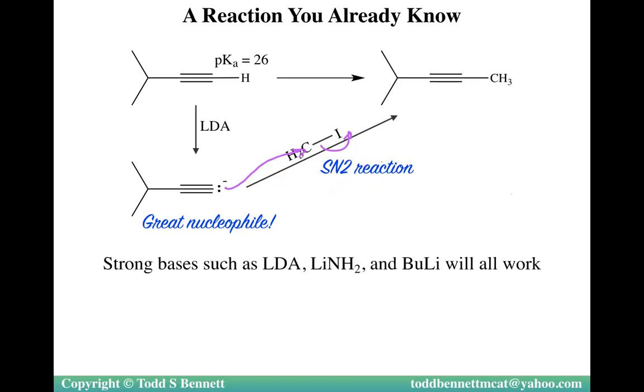So strong base, LDA, which has a negative on nitrogen, lithium amide, can also be sodium amide or potassium amide. You can use that, or you can use butyllithium, where you have carbon with a negative charge and lithium holding in place. Any of these will work. They're all strong enough. I'm going to choose LDA probably most often, just because it's readily available. But be aware that all three of these are strong enough bases.